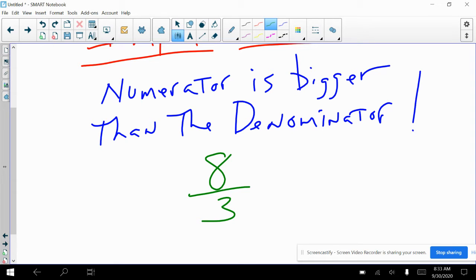So there's more parts than you have pieces. Right? So it only takes 3 to make a whole. Right? But I have 8 pieces. So I'm going to have more than 1. Correct? Improper fractions are greater than 1. They have to be. Right? Because you have more pieces than you do parts that make up a whole.